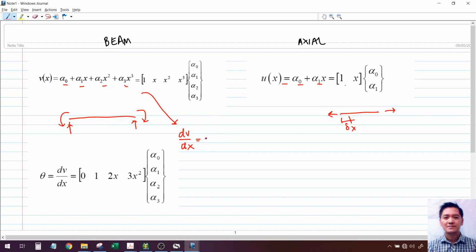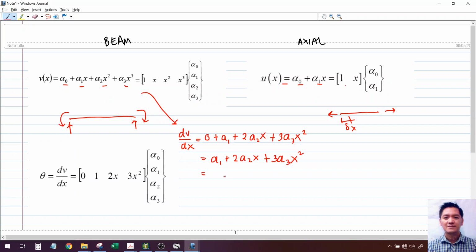Derivative of alpha naught, 0, plus alpha 1x, of course, alpha 1. Alpha 2x squared is 2 alpha 2x. Plus alpha 3x cubed, 3 alpha 3 x squared. Or simplify natin, alpha 1 plus 2 alpha 2x plus 3 alpha 3 x squared.